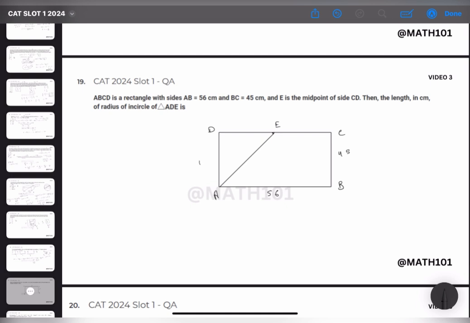So this is 45. This is 28. We need to find the radius of its incircle.